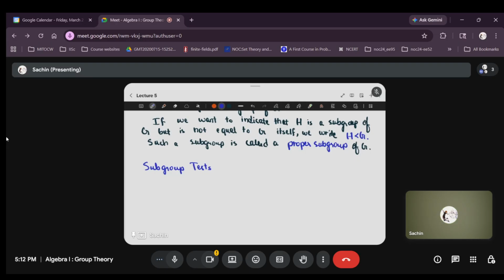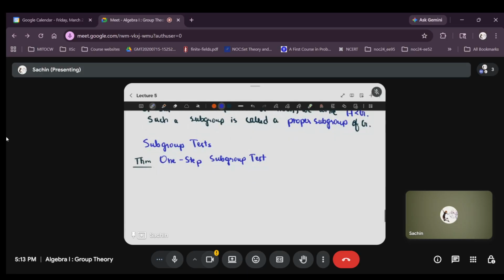Okay. First test is called the one-step subgroup test. Let G be a group and H be any subset of the group.